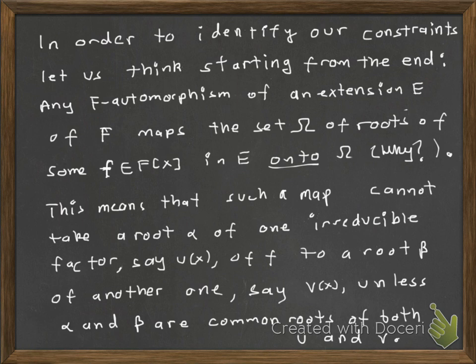So you have a field extension F in E and a polynomial f over the base field F, and assume the set of roots of f in the field E is omega. Then any F-automorphism of E when restricted to omega is a permutation of omega.